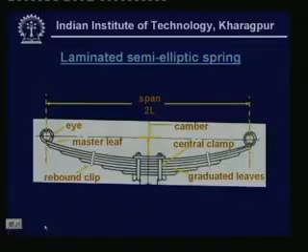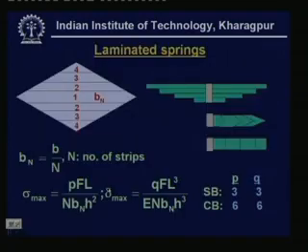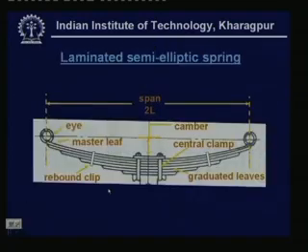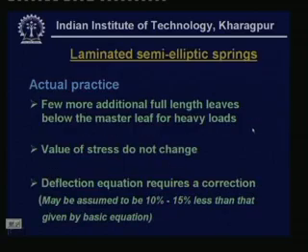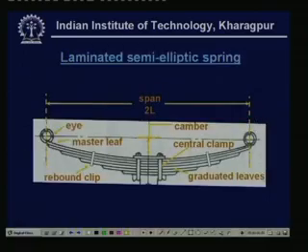Okay. This is what I was trying to talk about, the laminated spring. So, this laminated spring has this as the main line. The top one we call the master leaf.